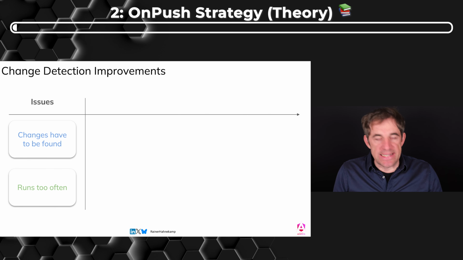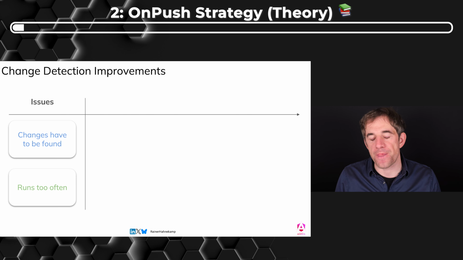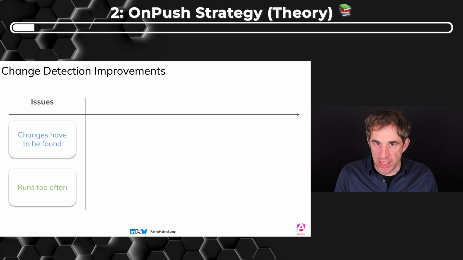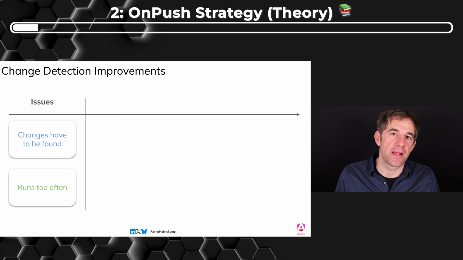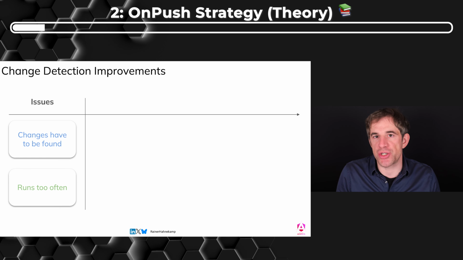So, is it now perfect? No, there are some things that we have to consider. The two main weaknesses of the Zone.js change detection interplay are, first of all, that the change detection doesn't really know where to look or where a change has happened.